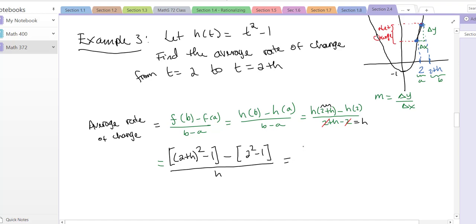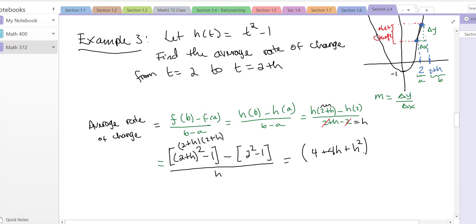So I'm going to change it to parentheses now because inside the parentheses, I'm going to multiply it all out. So 2 plus h squared is 2 plus h times 2 plus h. Don't forget to FOIL here because you will have middle terms, right? So 2 times 2 is 4. 2 times h is 2h, plus another 2 times h, so I'm going to have plus 4h, and then plus h times h is h squared.